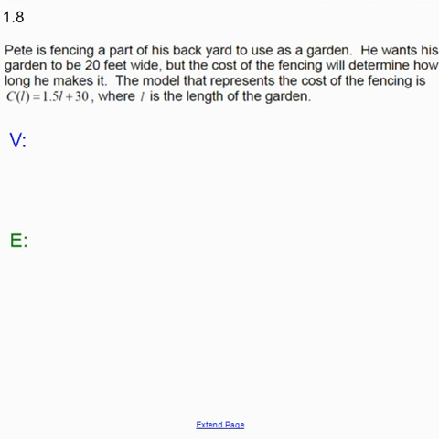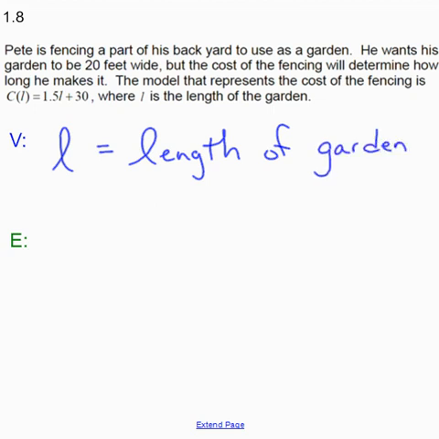So in this problem, the variable is already chosen for us. So the variable is L, which equals the length of the garden. Now remember, you need to be able to do ones like this where this part isn't already done for you.